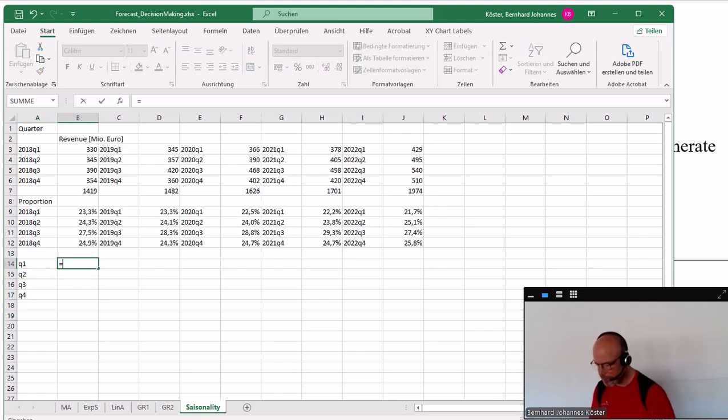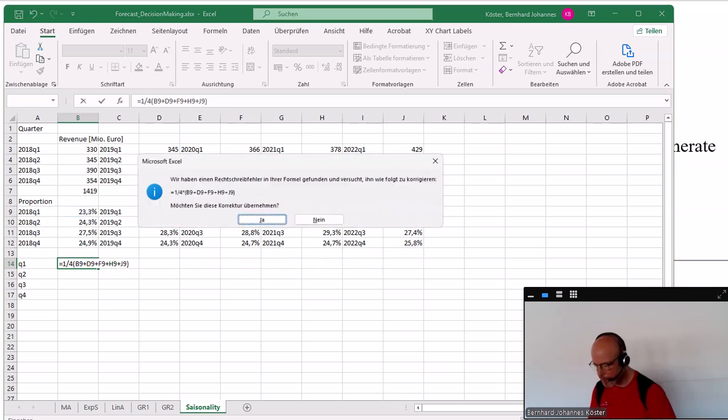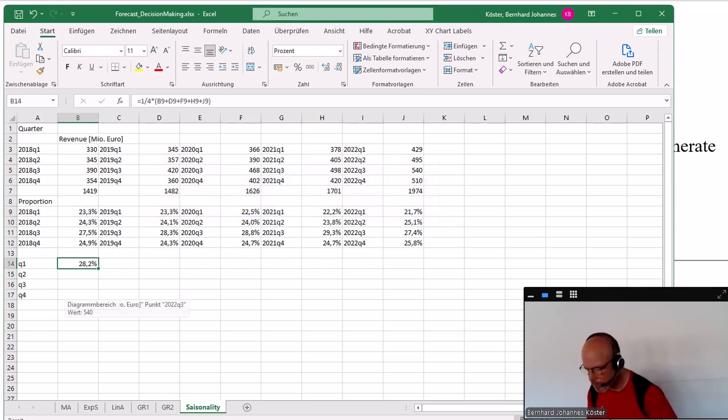And for this, the average, so 1 over 4 and this plus this plus this plus, I have 5 years, plus, did I do something wrong?